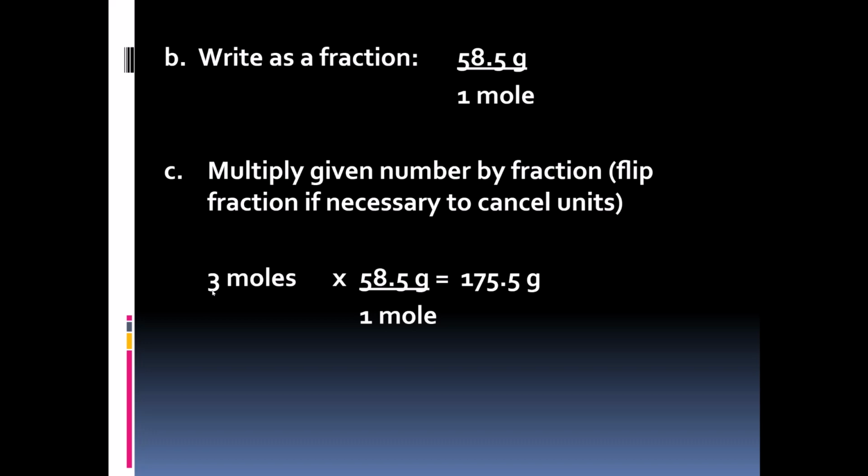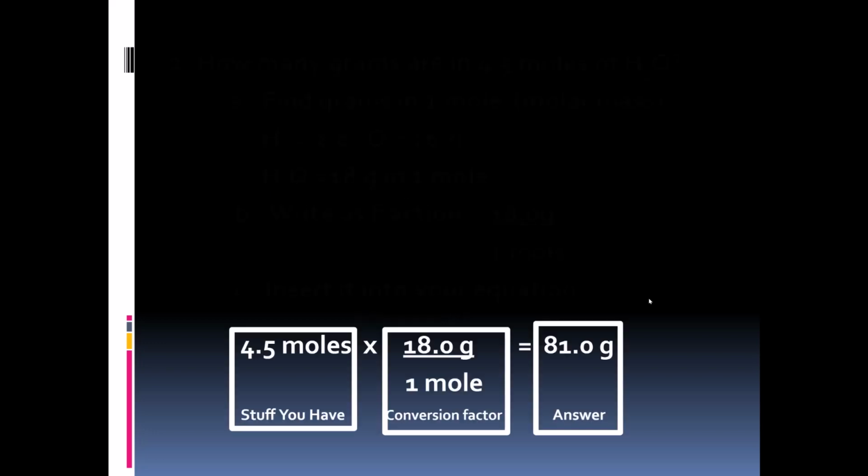So moles here with your conversion factor, moles here and here will cancel out, leaving 3 times 58.5, which is 175.5 grams. Okay, these moles cancel out. All we basically did was go 1 mole of sodium chloride is this heavy. We have 3 of them, so we take this times 3, which is that.